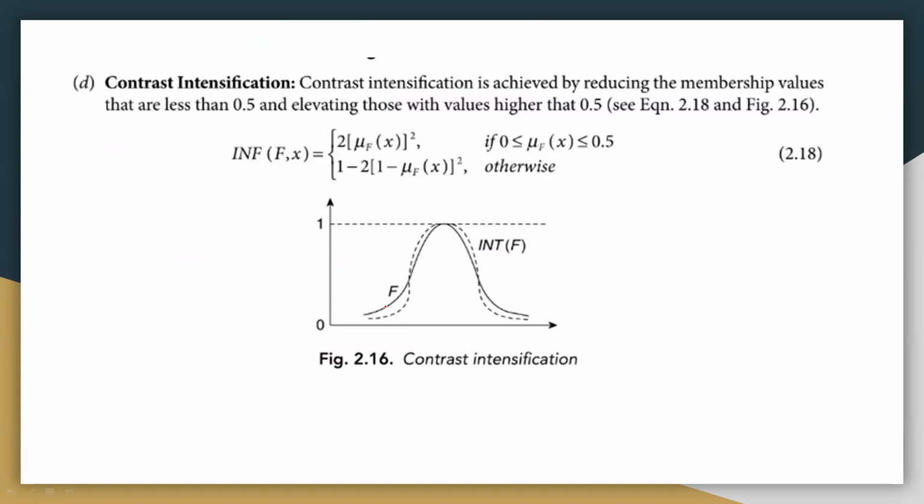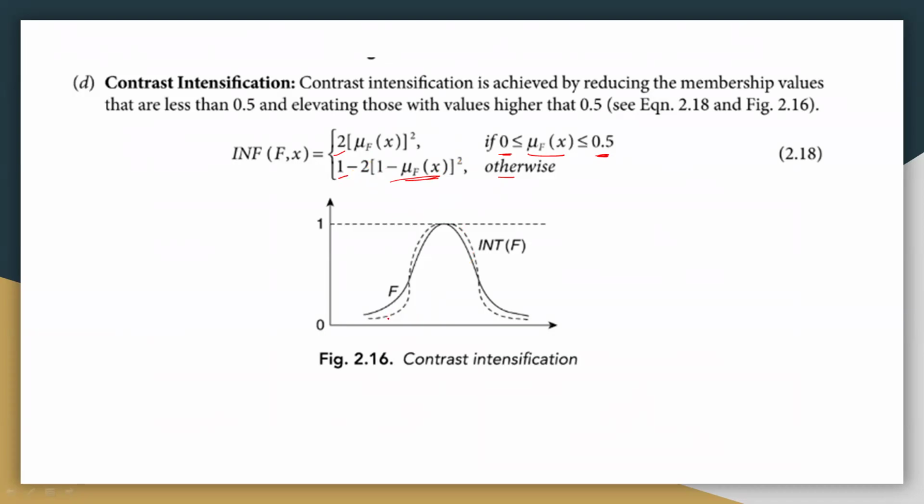Then contrast intensification is not so important, but you can look at the formula that we saw there. It is 2 times the membership function squared if the value of the membership falls between 0 and 0.5. Otherwise, you take 1 minus 2 times (1 minus the membership function) the whole squared.